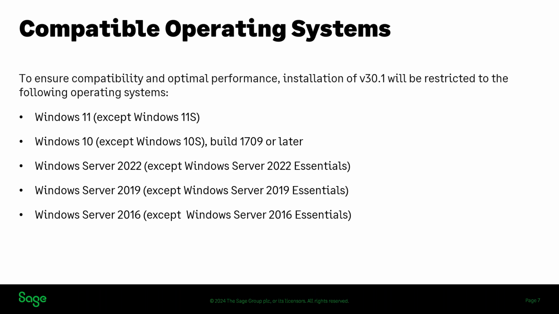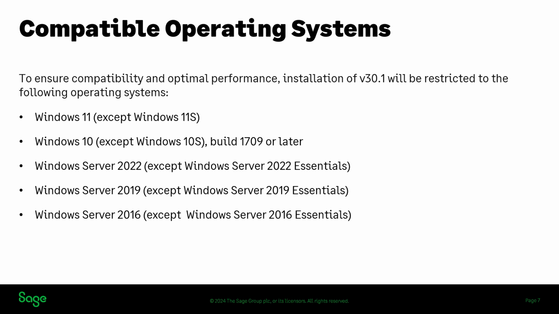Now, before you upgrade, we want to talk about the compatibility of your operating system. So to ensure compatibility and our optimal performance, installation of version 30.1 will be restricted to the following operating systems. So you must be on one of the following to be able to use version 30.1.